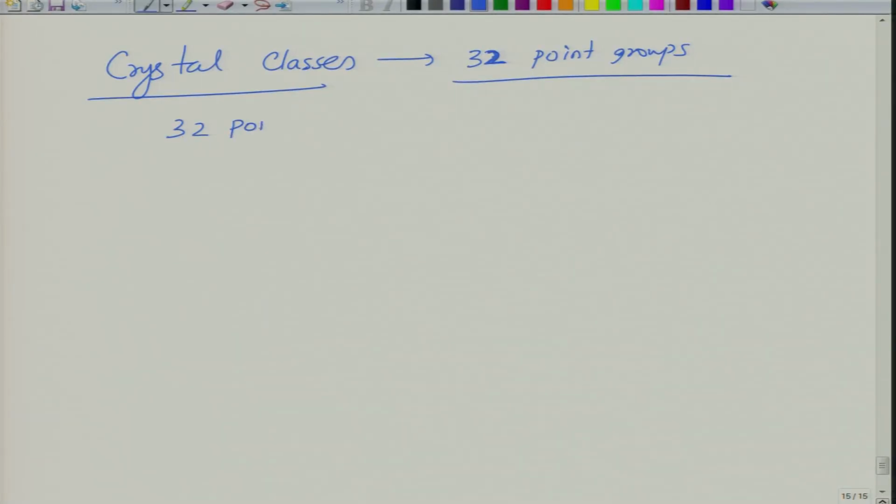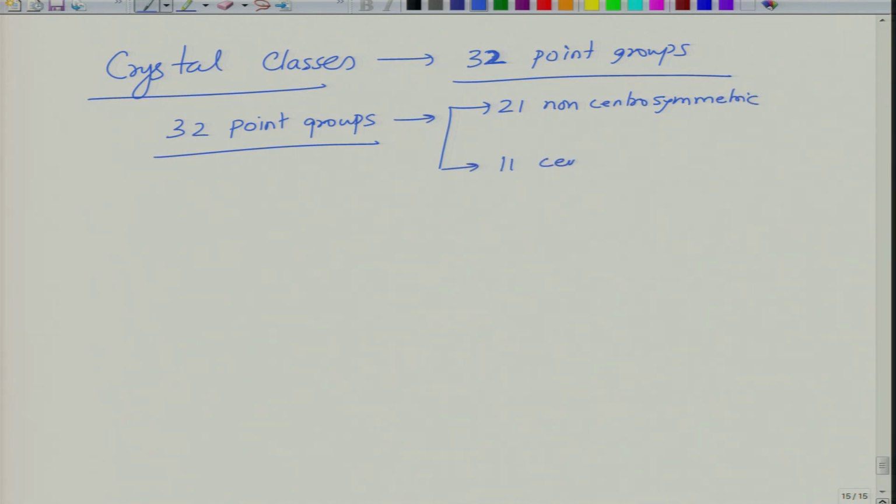Out of these 32 point groups, when you apply symmetry arguments, there are 21 which are non-centrosymmetric, and the remaining 11 are centrosymmetric. What we saw in the last class is this centrosymmetric or non-centrosymmetric.